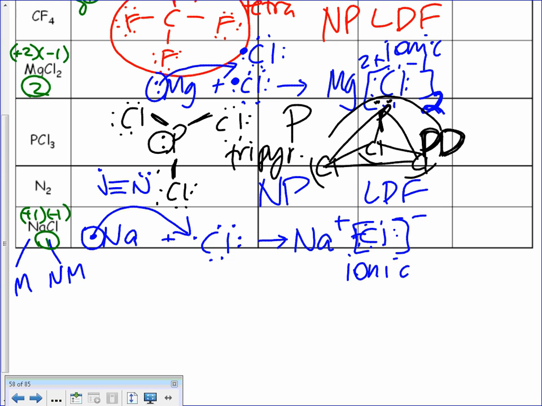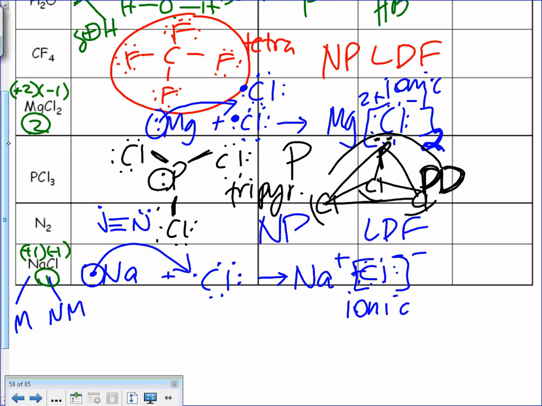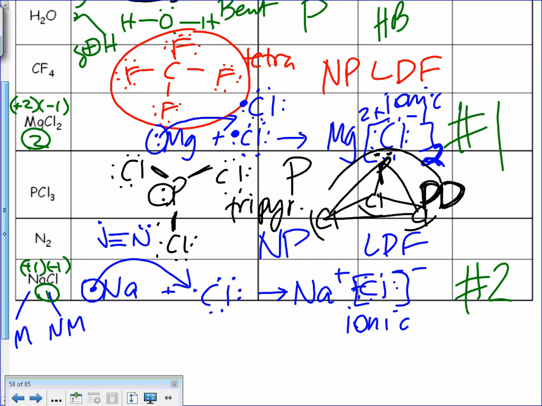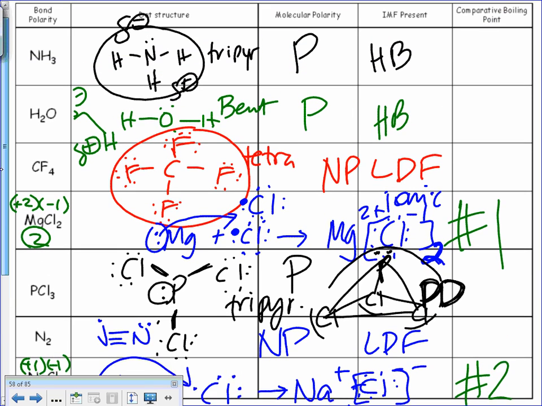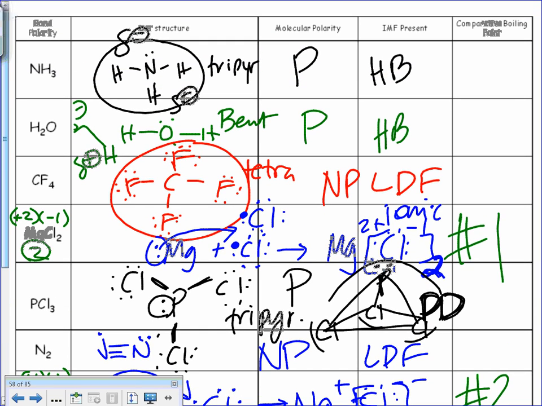So she said magnesium chloride is the number 1 boiling point. It's the highest. So then who's number 2? The other ionic, right? We kind of narrowed it down. Okay, so ionics have been taken care of. Who's next on our list of boiling point? Hydrogen bonding, okay? So Brandon, we have how many hydrogen bondings here? 2. How do we narrow down to who's the higher?